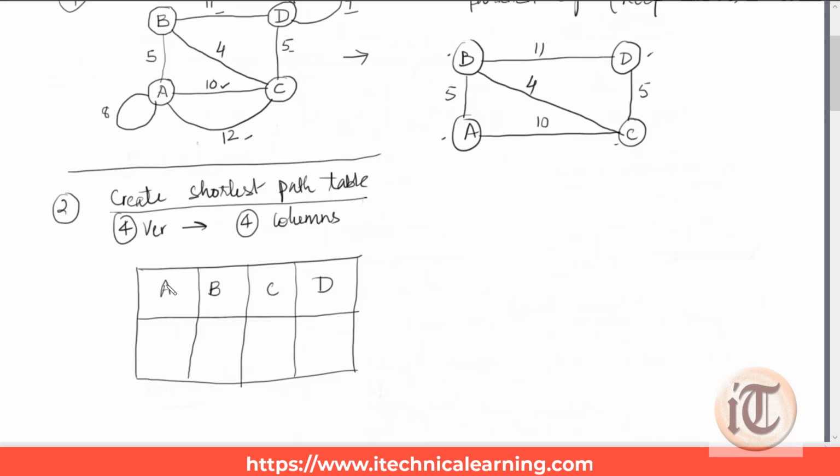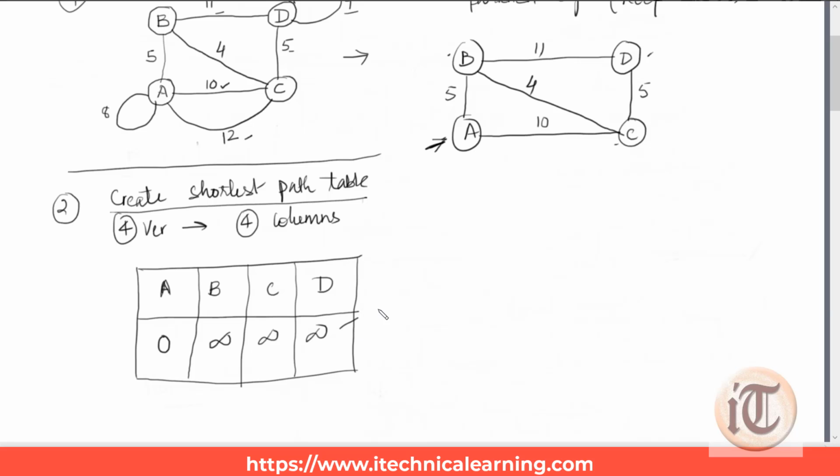Okay, now if I consider this A vertex as my source, then to maintain this table, as we are considering A as our source, we'll write the 0 entry in the column of A and the remaining will be denoted by infinity.